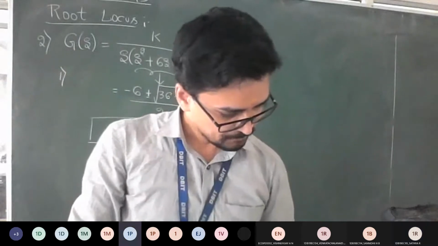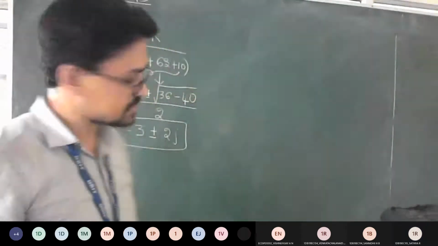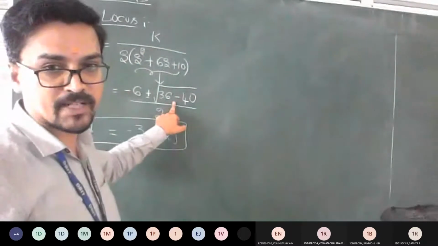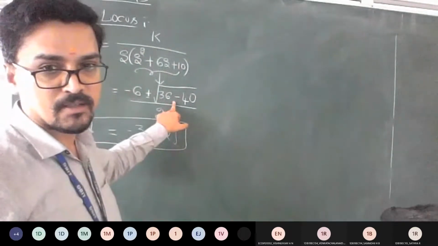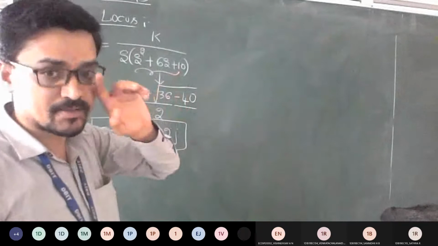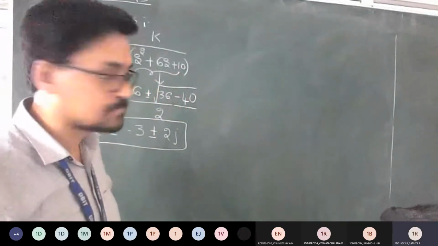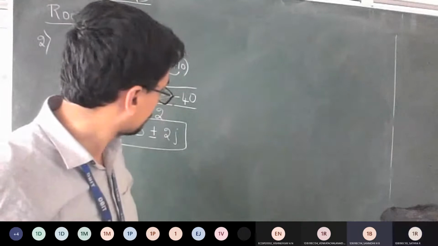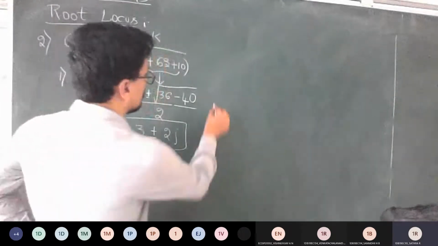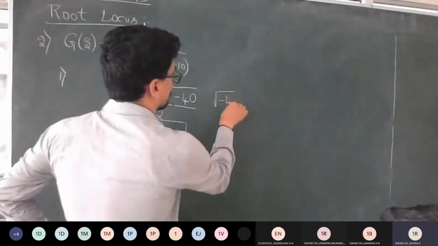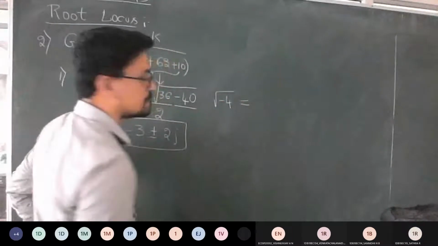Sir, 2j, correct. Just check once: here it's root of minus 4, so you're going to get a square, so 2j will come. The root of minus 4 is 2j, divided by 2. Root of minus 4, this means what?